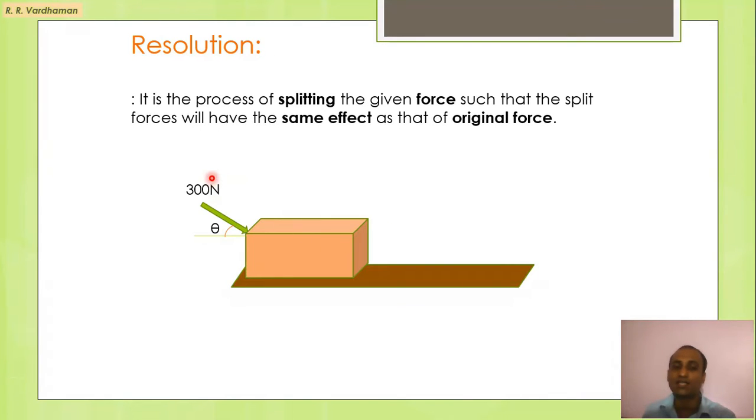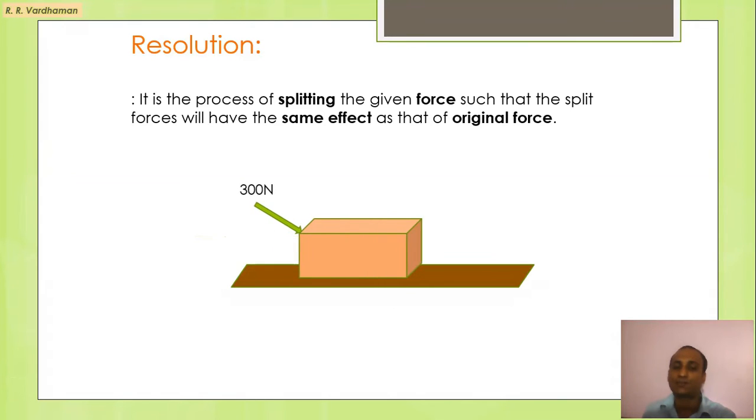Similarly, we will study another force which is acting at an angle of theta on block and what will be the effect. So here the effect is same as the movement, but movement or distance is less. So now why has this happened?